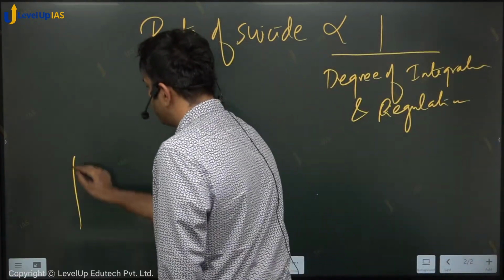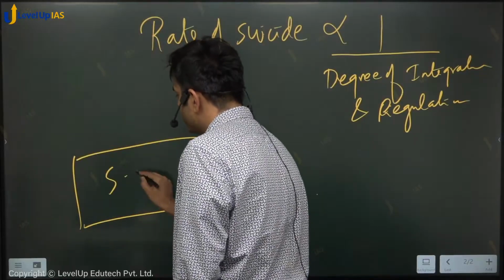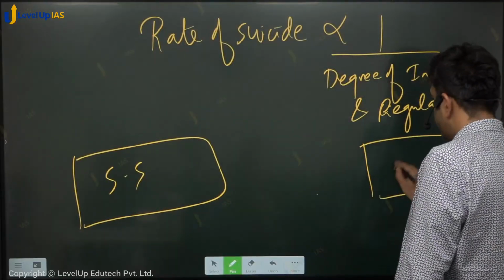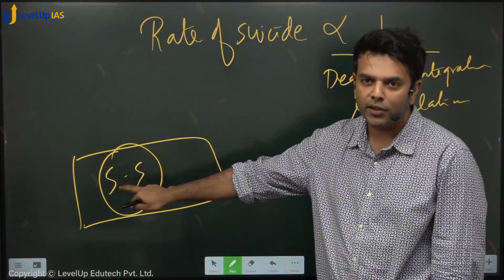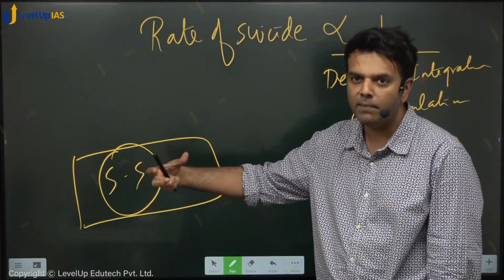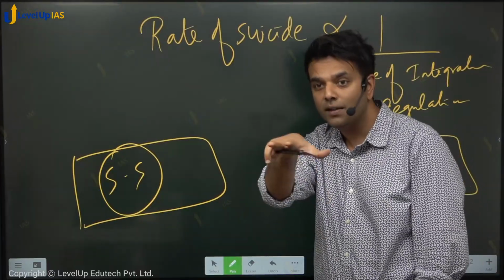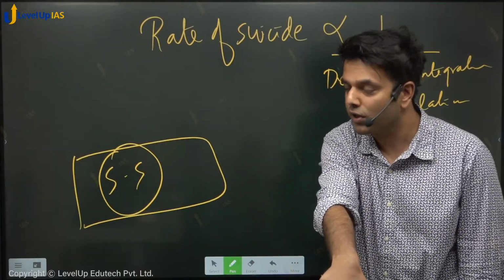Now see, simple society, complex society, here you will have high degree of integration and regulation, community sentiment बड़े strong है और desires के ऊपर control है, यानी regulation है.